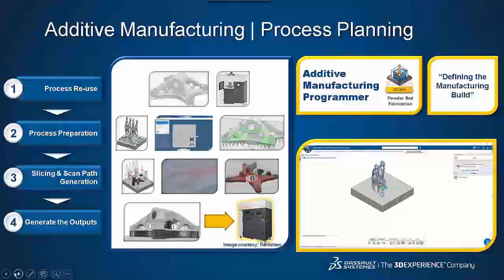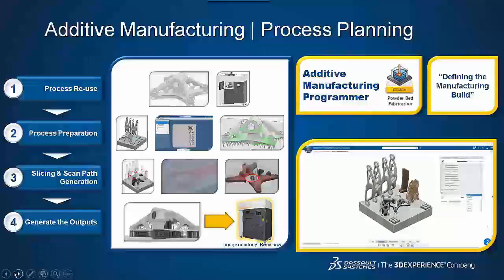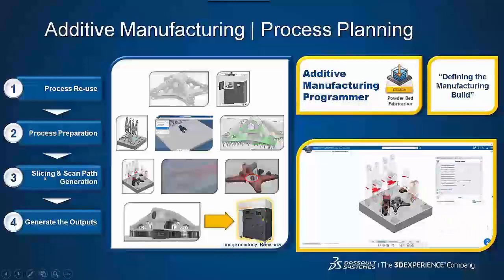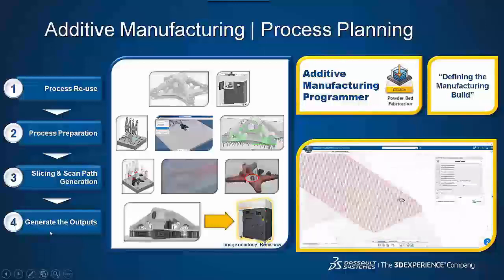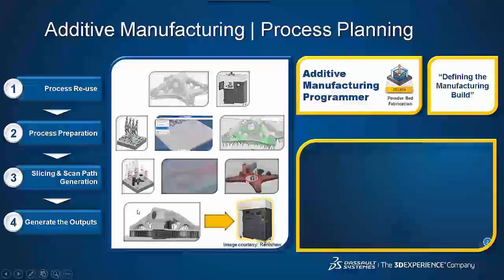Out of the box, this is set up for powder bed fabrication processes, and this is where we first capture the manufacturing environment with process reuse, and then we do our process preparation operations, so things like part orientation, optimization, generating support structures, generating slicing and scan paths, and then finally we use those outputs from this build that we've planned to either send directly to a printer, or we can use them for process simulations. So now we'll take a look at some of the new functionality associated with process planning.